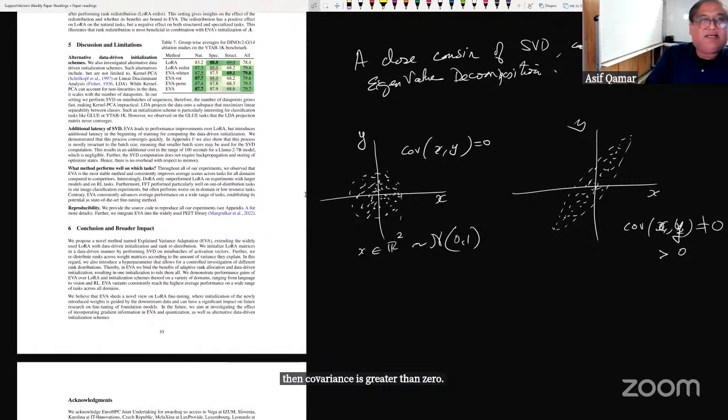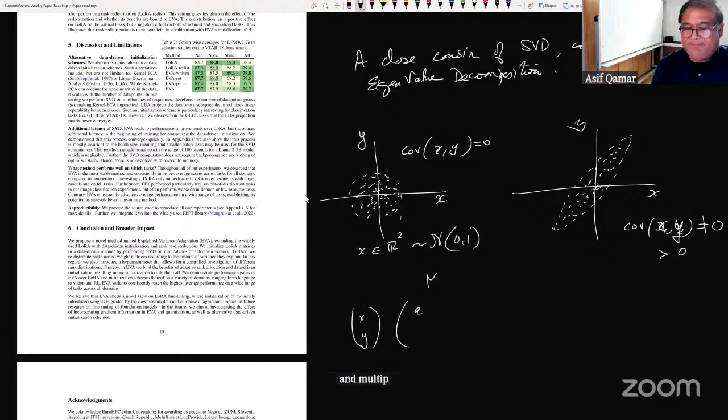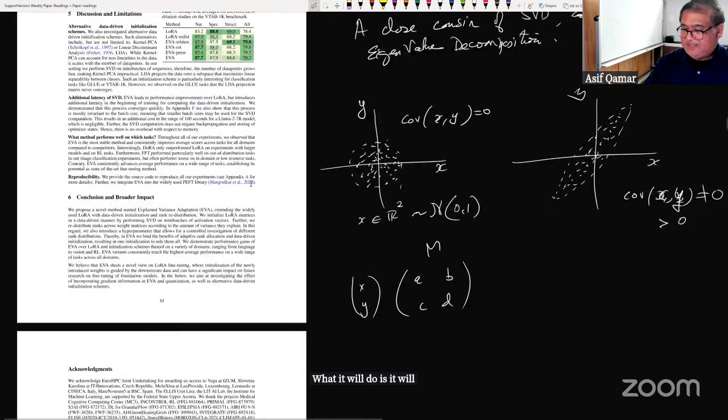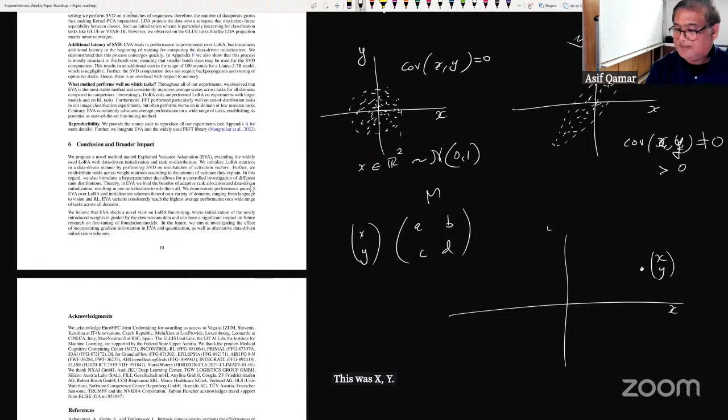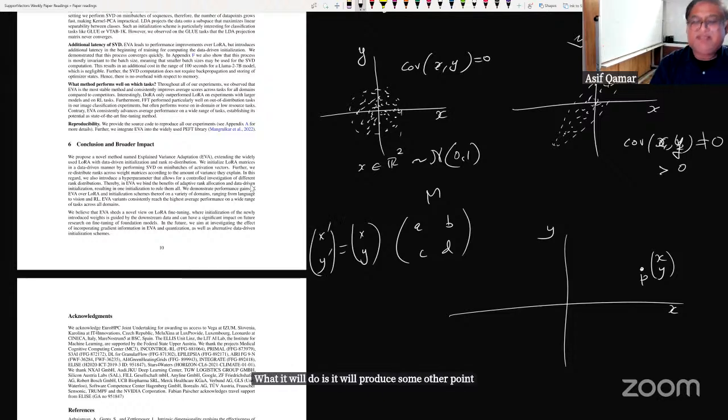Now, also notice an interesting fact. If you take any point x, y, and multiply it by a matrix M, what it will do is it will take that point, let's say that the point is here. This was xy, right? It will, point P, produce some other point x prime, y prime, isn't it?